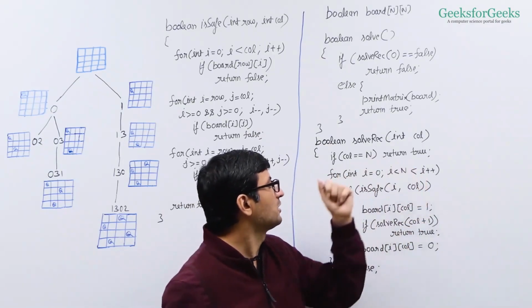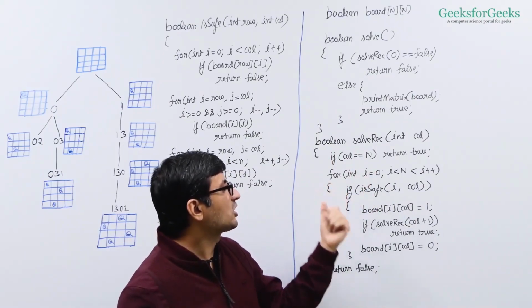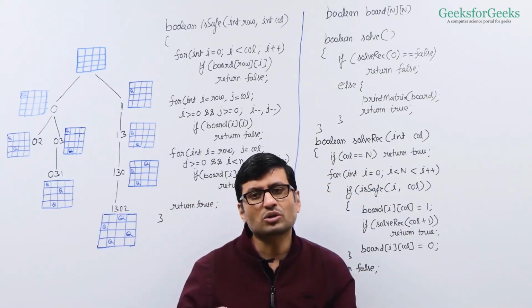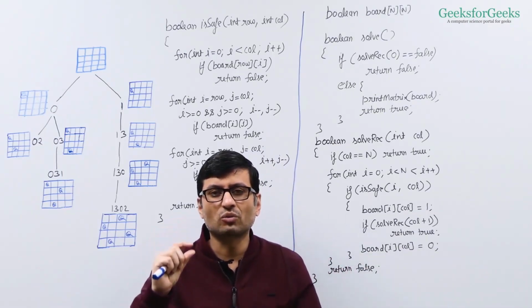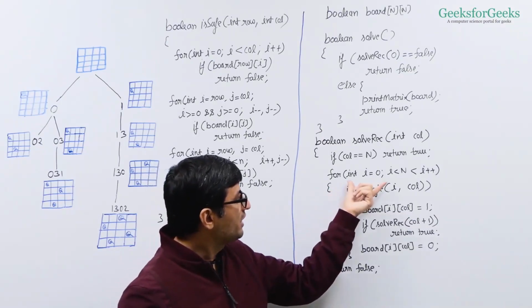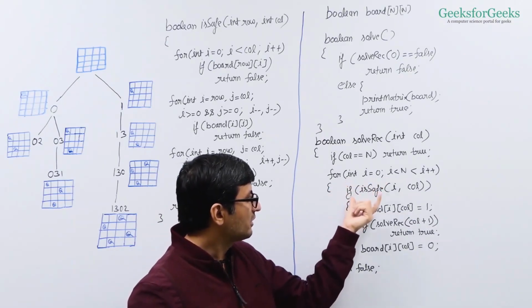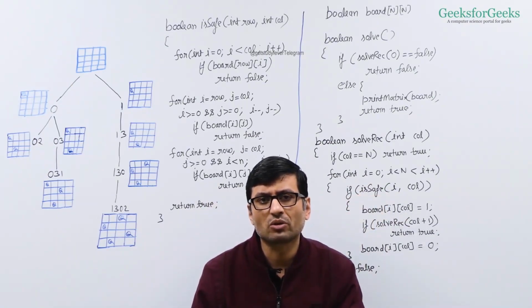So you return true. And if column is not n, then it tries placing the queen in different rows of the current column, right? It tries placing the queen at row 0, then row 1, then row 2, then row 3. For every trial, it first calls the isSafe function. Can we place the queen in this particular row?